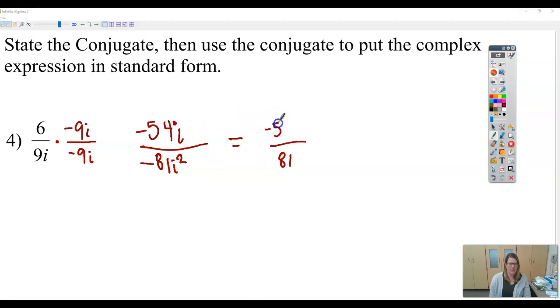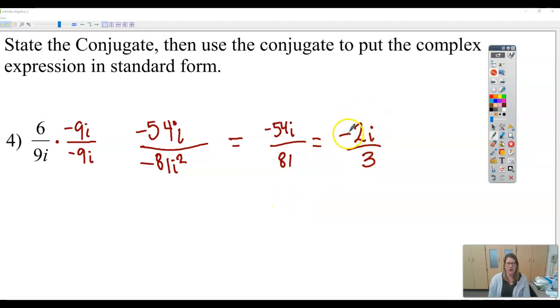And on top I have negative 54i. Now I want to reduce these if they have a common factor, which they do here. The common factor would be 27, because 27 times 2 is 54. So this would be negative 2i over 3. 27 times 3 is 81.